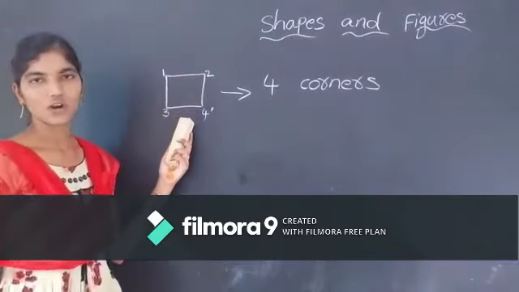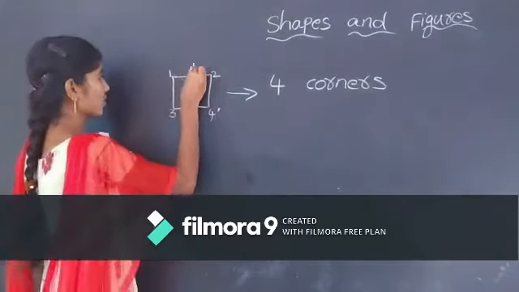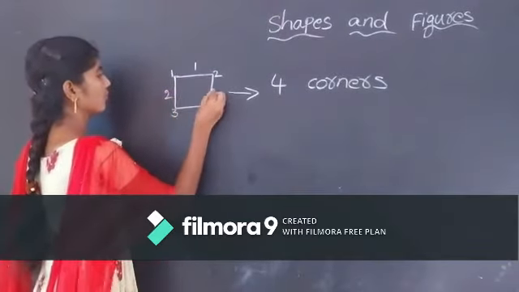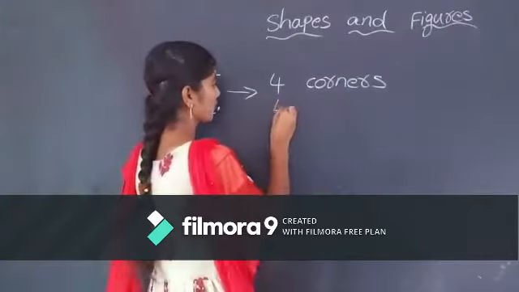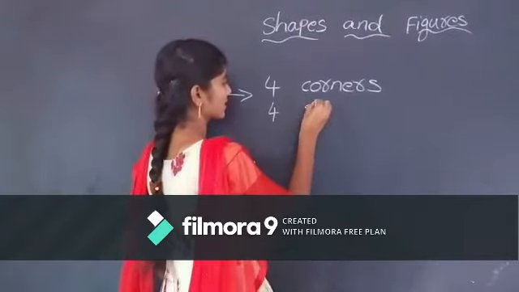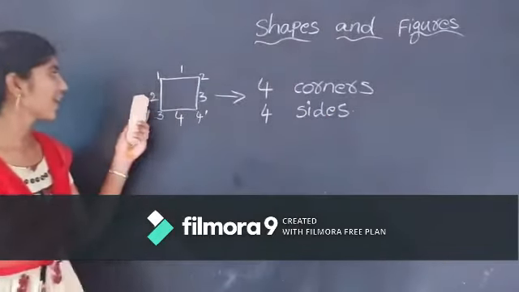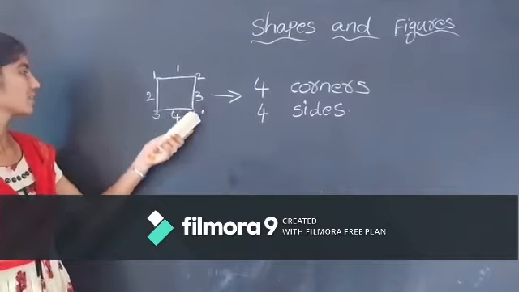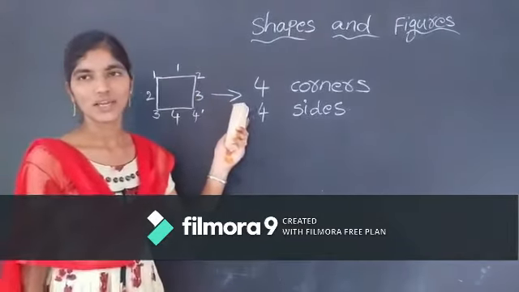Square has four corners. Okay? And it has four sides also. How many sides? Four sides. Square has four corners and four sides. Okay?